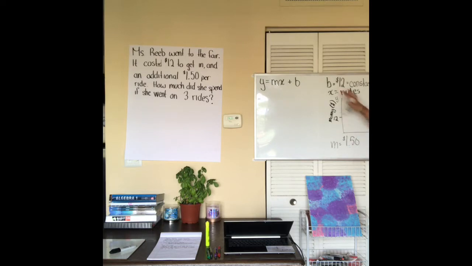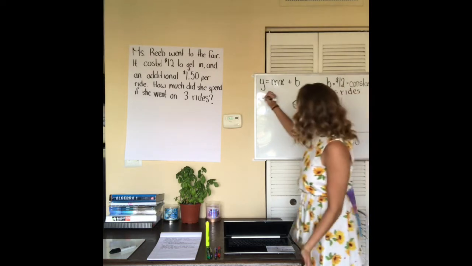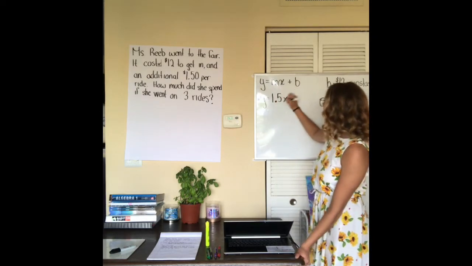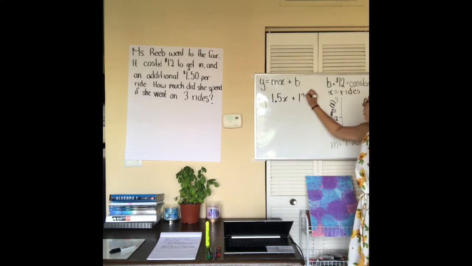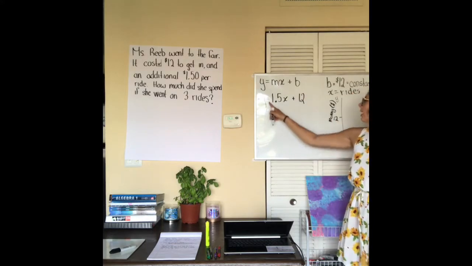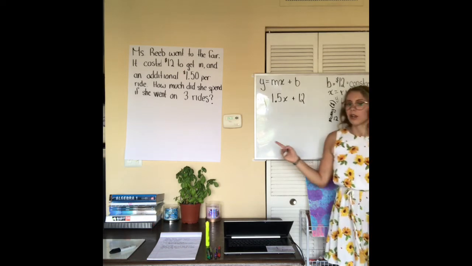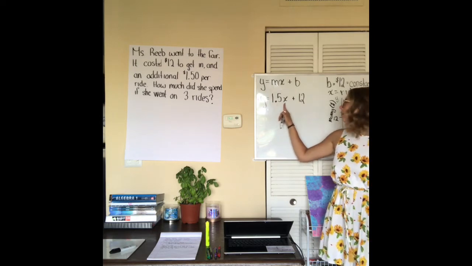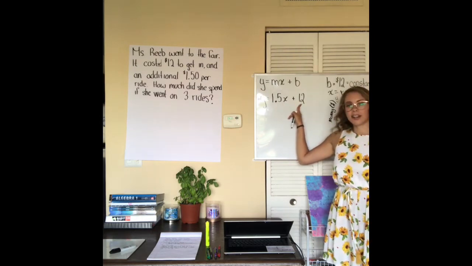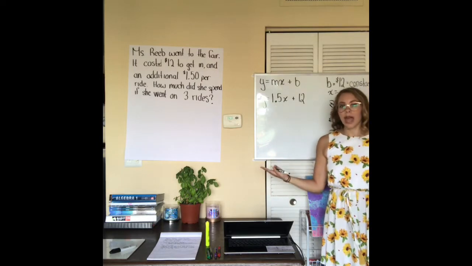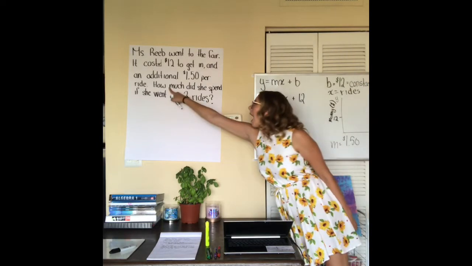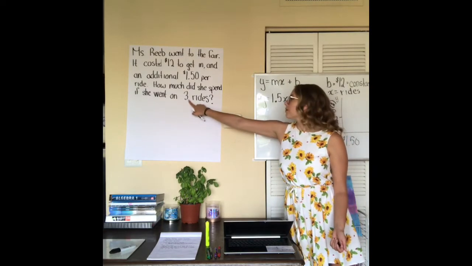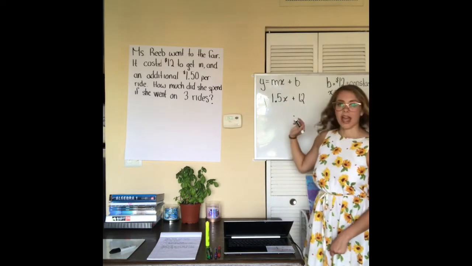Now I'm going to plug these into my equation. Y equals 1.5x plus 12. Or the total cost equals $1.50 per ride plus the $12 that it cost me to get in. Now if I want to find out how much she spent if she went on 3 rides, I'm going to plug this 3 in for x.